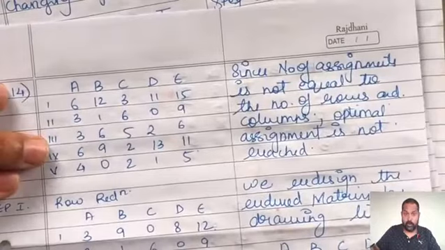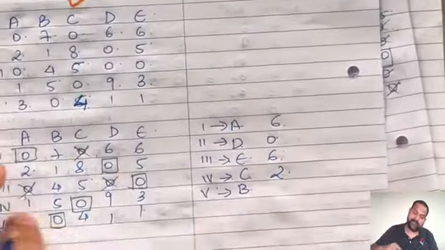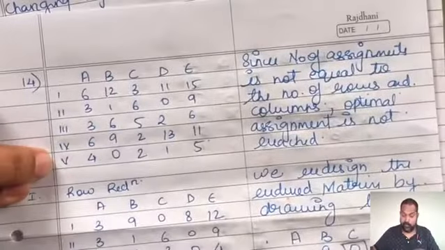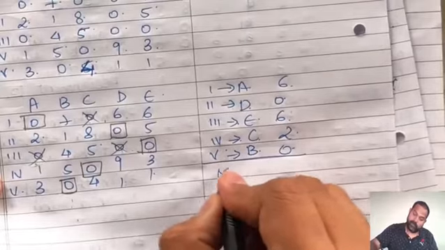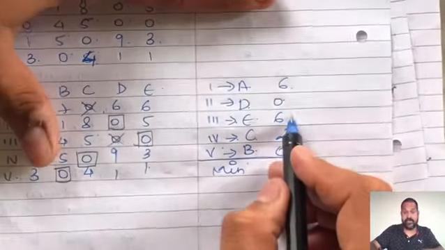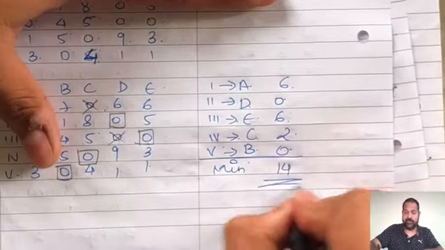Fantastic. 4 goes to C is 2. And lastly 5 goes to B is 0. So the total minimum that I require is 6 plus 6 is 12 plus 2 is 14.